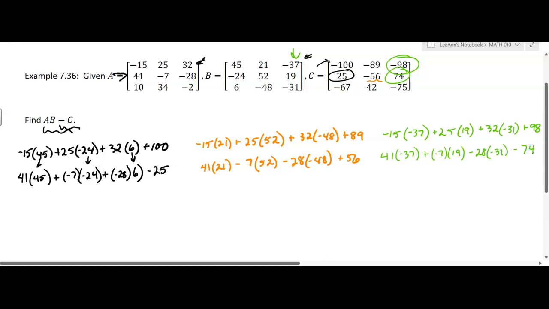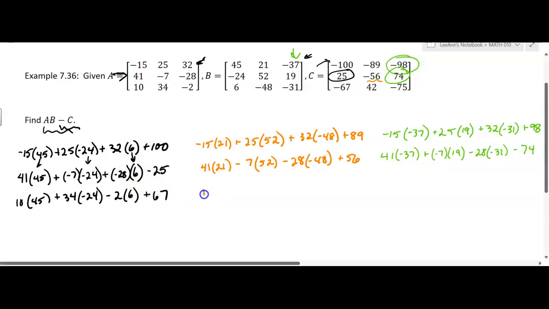All right, so I'm not doing a lot of striking the rows and columns, because if I write too much on my matrices, I'm not going to be able to read the numbers. Okay, and then the last row is going to be 10 times 45 plus 34 times negative 24 minus 2 times 6. And then I'm going to be adding 67.